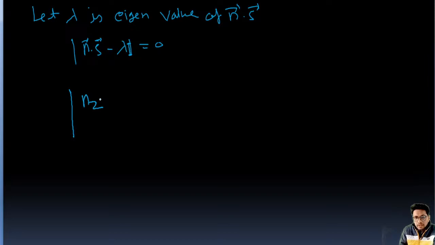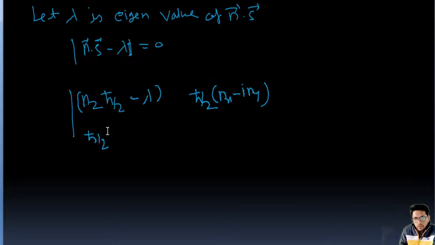nz h cut by 2, we have written, right, nz h cut by 2 minus lambda, h cut by 2 nx minus iota ny, h cut by 2 nx plus iota ny, and minus nz h cut by 2 minus lambda.